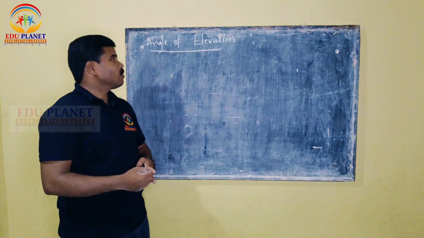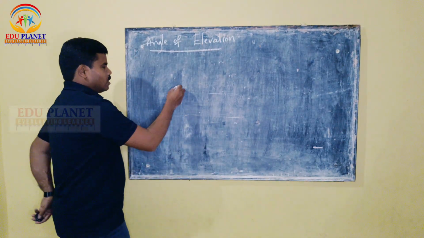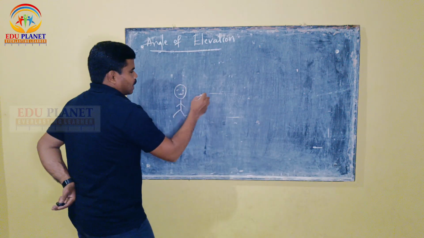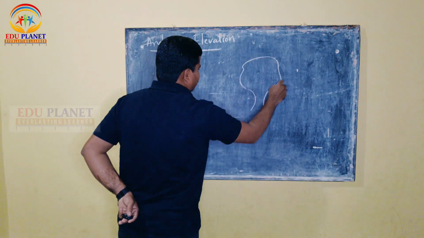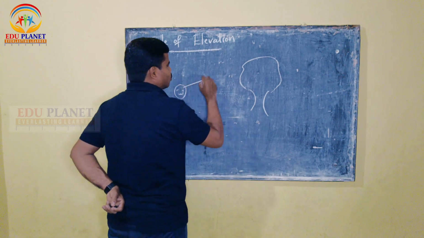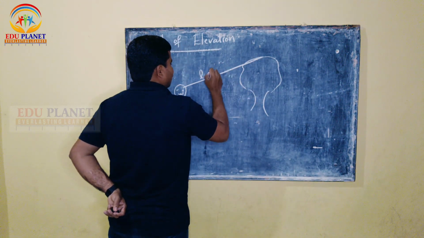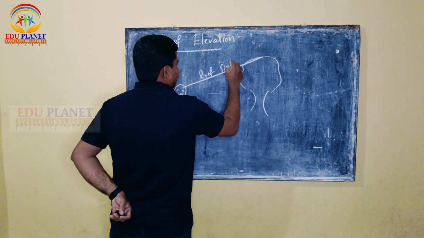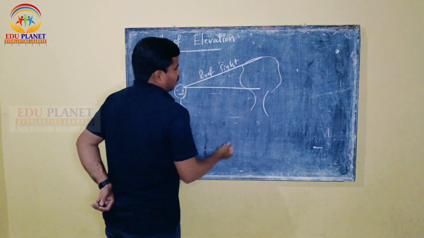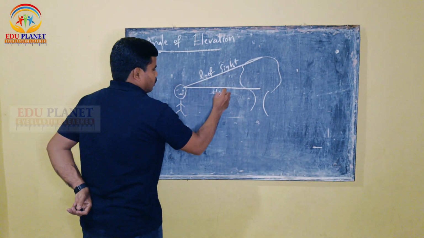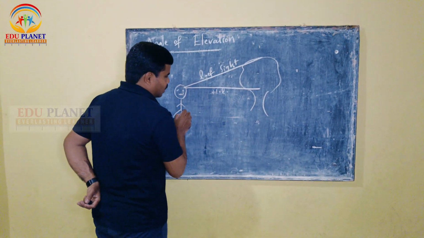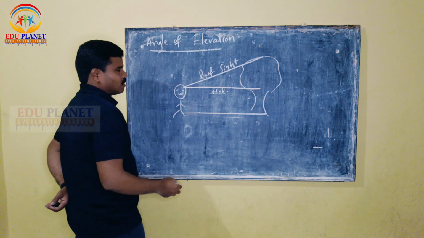Now we will see what is angle of elevation. Suppose you are on the ground and looking at the top of a tree. If I draw an imaginary line from your eyes to the top of the tree, this is the line of sight, and this would be the horizontal line. Remember that the horizontal line is considered as the ground.